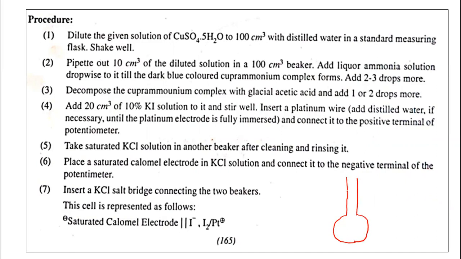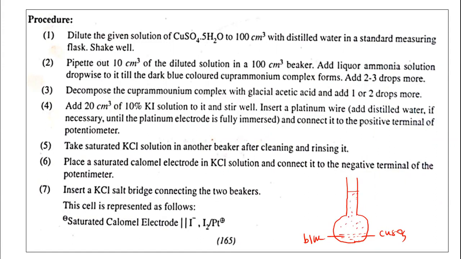We are given the copper sulfate solution of unknown concentration here. Copper sulfate is a blue colored solution, and we have to dilute it with distilled water up to the mark.